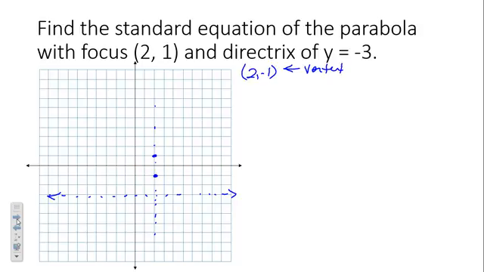So we know it's opening up or down? Up. And we know p is 2. So is the x squared or the y squared? X is squared.